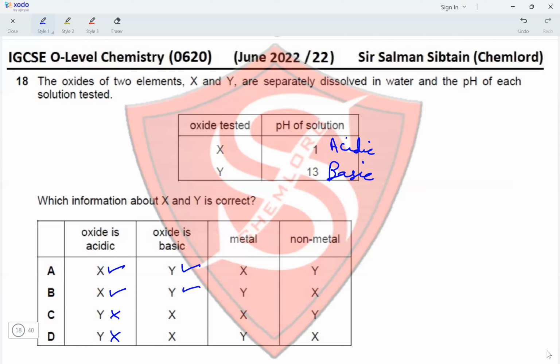So the metal has to be Y and not X, and X has to be a non-metal in order for an acid to form, because in HCl, both the hydrogen and the chlorine atoms are atoms of non-metals. So non-metal has to be X. This is true in option B, eliminating option A, making option B the correct option for this question.